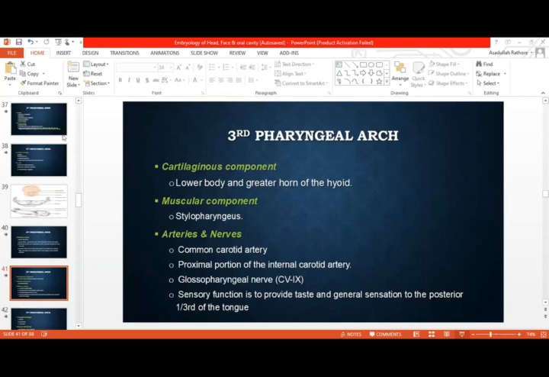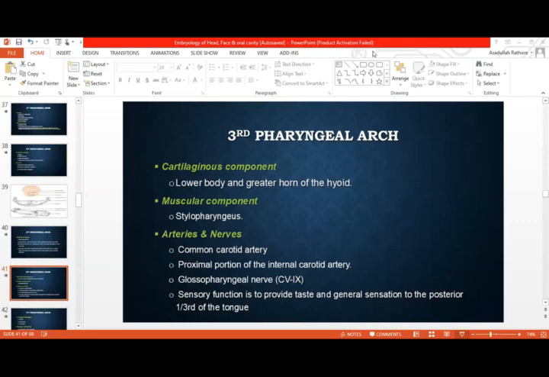These are basically extensions of the ectodermal layer. The pharyngeal arches basically have three components.